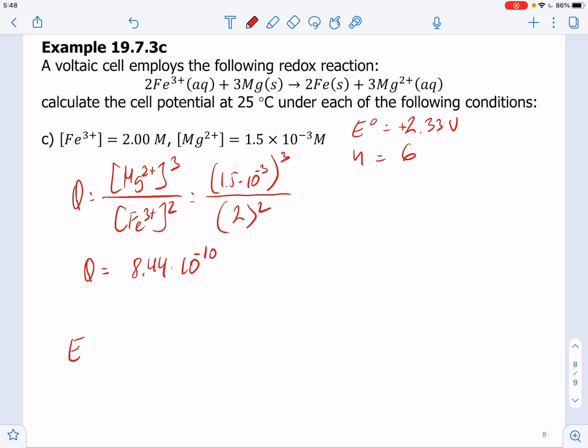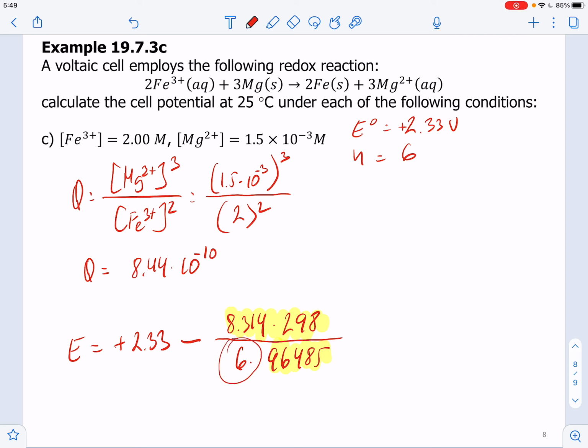And now if we calculate the potential, it is plus 2.33 minus, same thing, 8.314 times 298 over 6 times 96,485. I want you to notice that these numbers actually never change in this calculation. This is the only one that is going to change because of the different reactions and different number of electron transfers, but this is a constant, this is a constant, so they will not change.